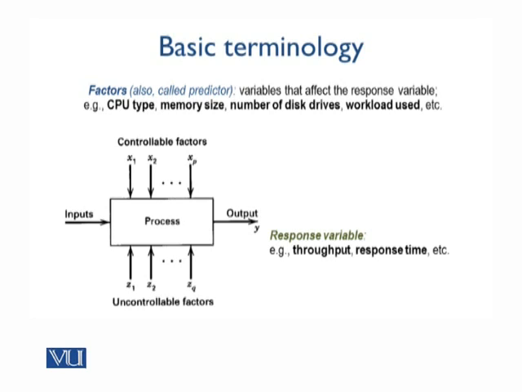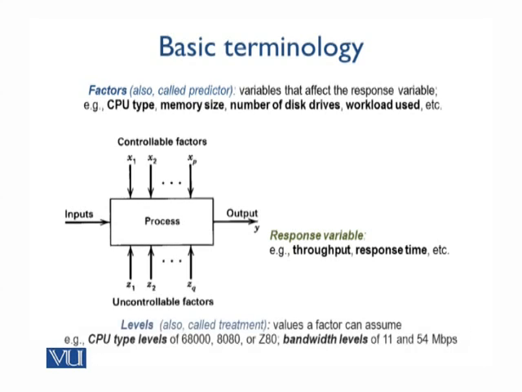It can also be the response time or any other thing which you observe as a dependent of the independent variable that you've changed. Furthermore, there is a term known as a level. A level is the different settings a factor can take. So typically, factors are categorical variables and they can take different levels.